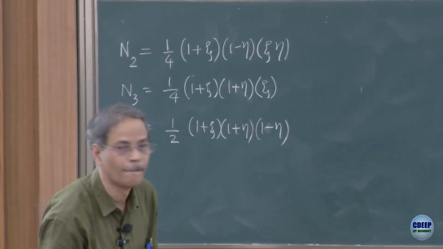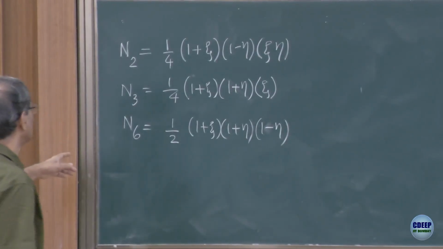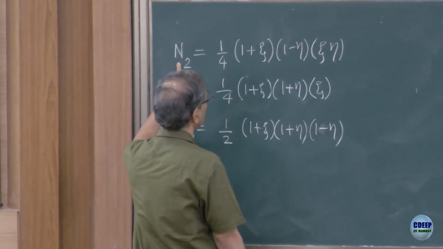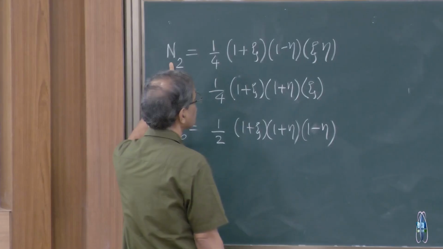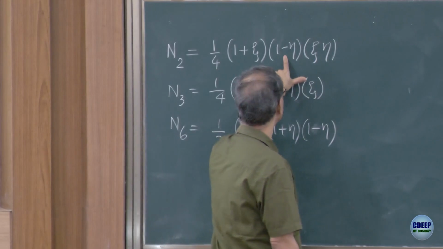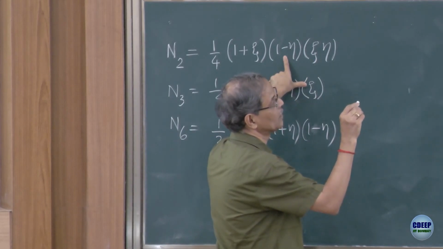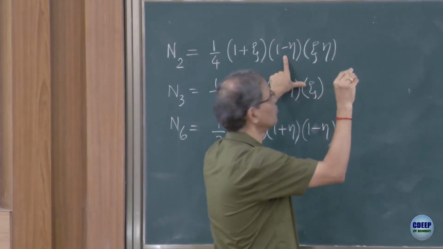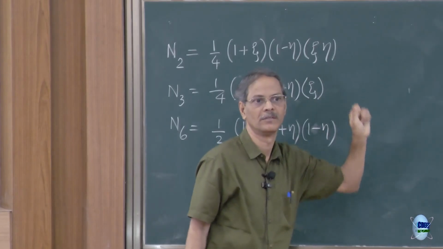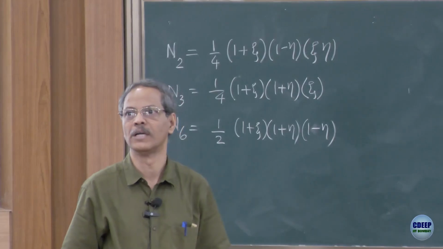Pardon? First, N6 or N2? N2 will be 1 minus zeta. N2, so we are trying to get the top line 1 minus zeta. Huh?